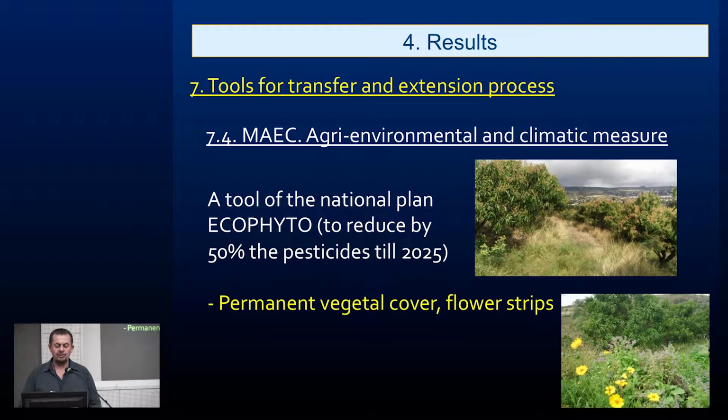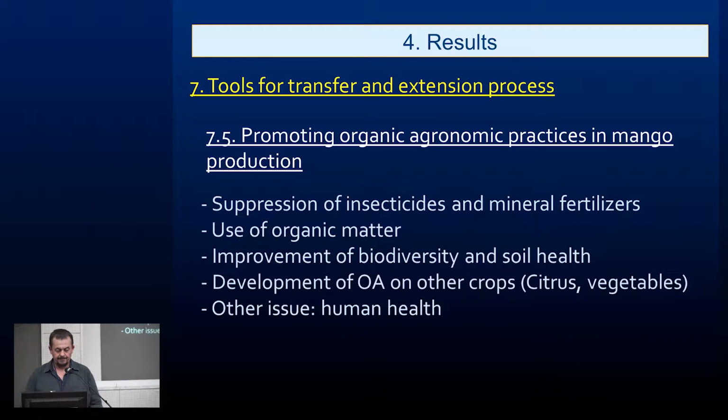We have some measures. For example, if a farmer implements a permanent vegetal cover and flower strips during several years, he will get some aid from the policymakers. This experience also consisted in a promotion of organic agriculture, because we suppress the pesticides, we suppress the fertilizers.